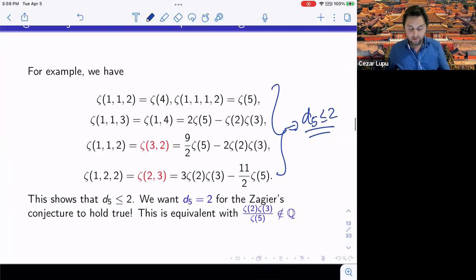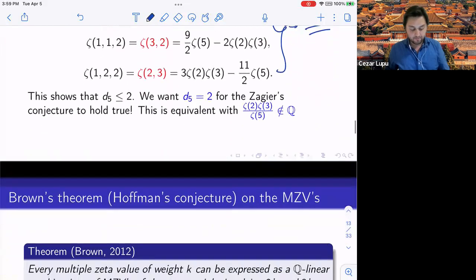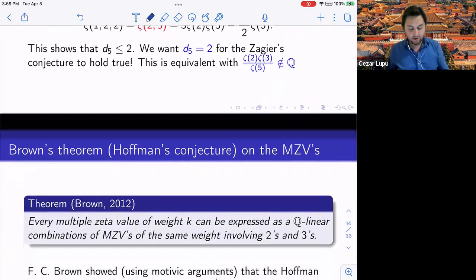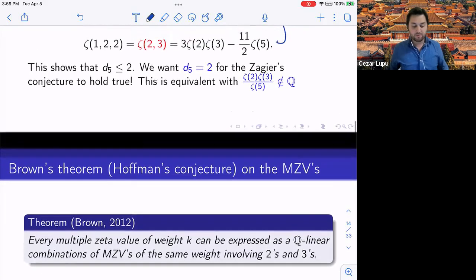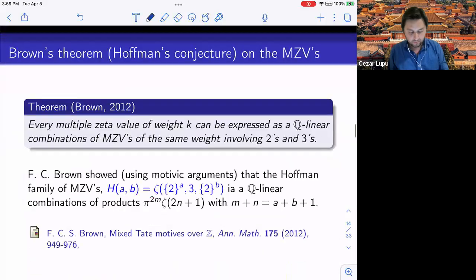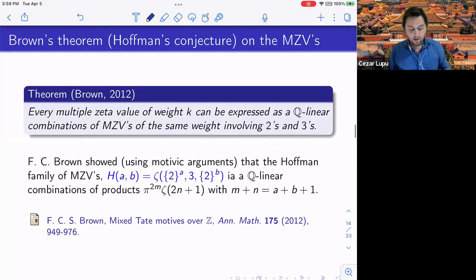So in this direction, there was this conjecture made by Hoffman, which was now proven by Brown, in fact, which says that every multiple zeta value of weight k can be expressed as a Q-linear combination of multiple zeta values of the same weight involving 2s and 3s.